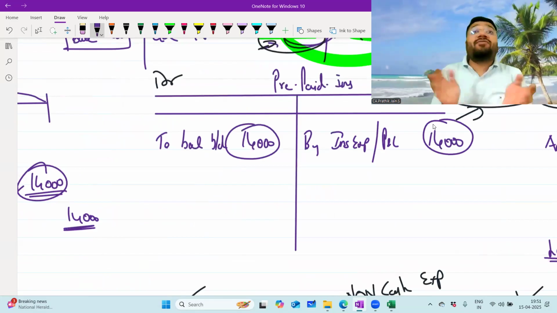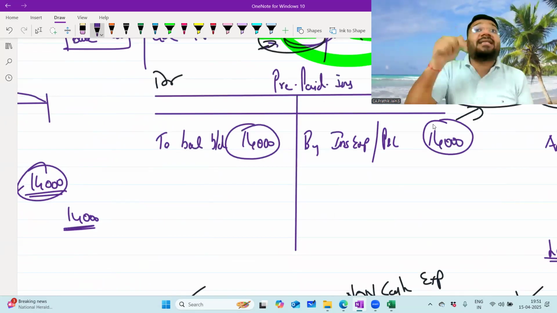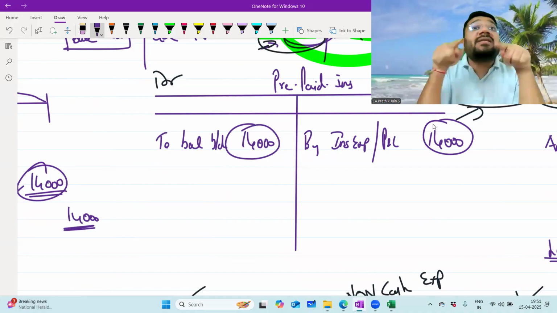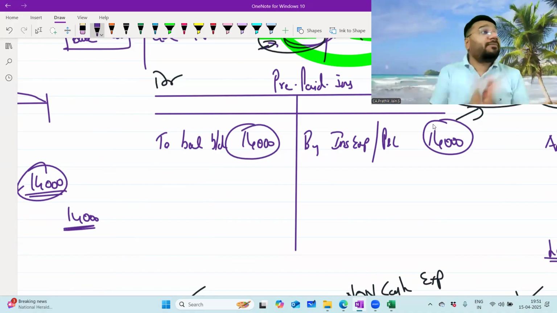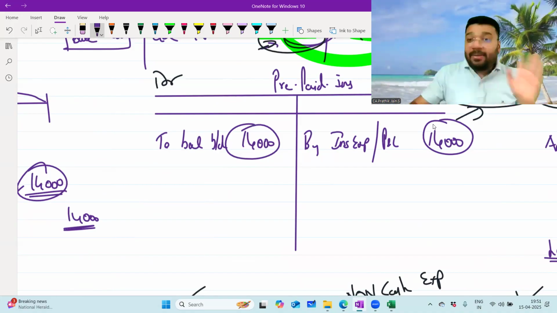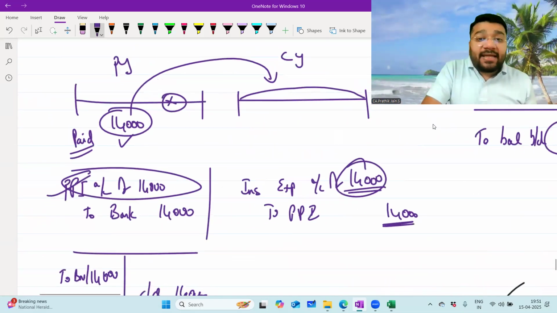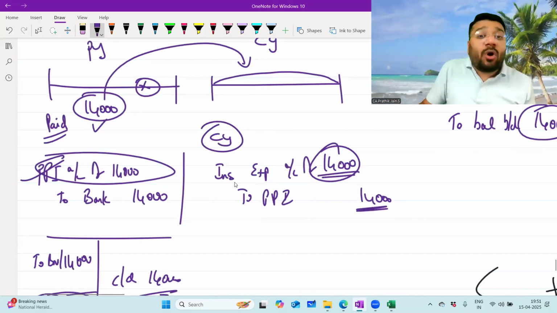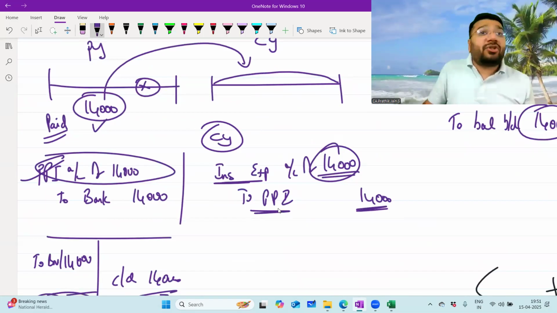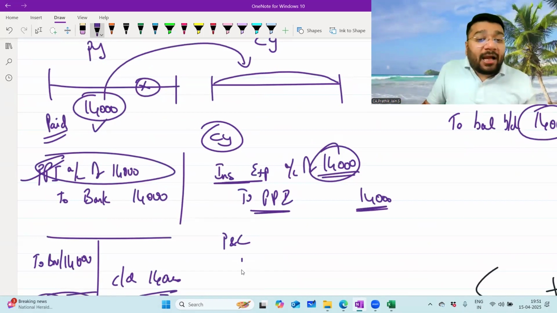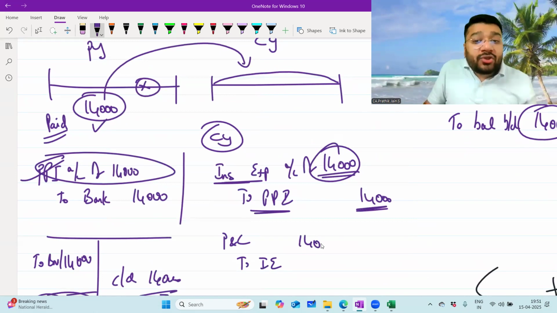If I'm recording this 14,000 rupees in the current year as expenses, I am saying this is included in your other expenses of the current year. You passed this entry in the current year as insurance expenses to prepaid insurance. And then what is my closing entry? P&L account debit to insurance expense. So this 14,000 is recorded in your current year P&L.